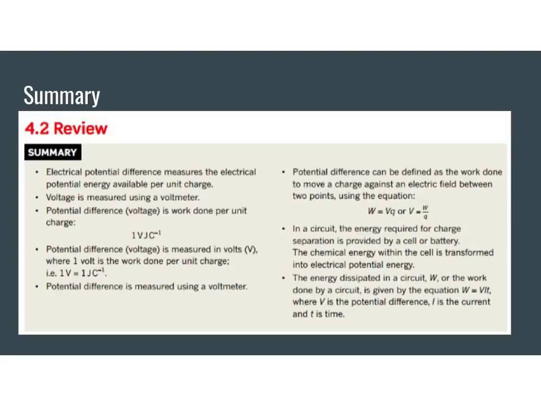So as we talk through the chapter, what we've looked at is the potential difference. Understand that that's the potential energy per unit charge, the potential for the field or the circuit to do work per unit charge. Voltage is measured by a voltmeter, which we connect in parallel in 2 different places on the circuit, and the voltage is the work done per unit charge.